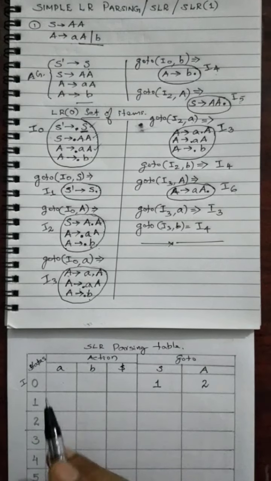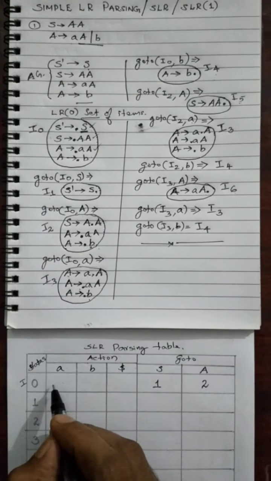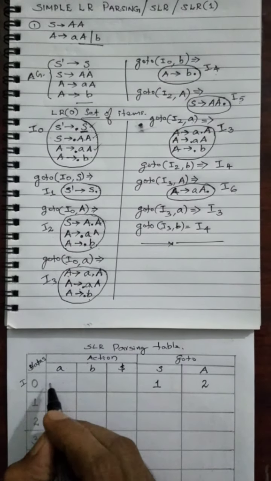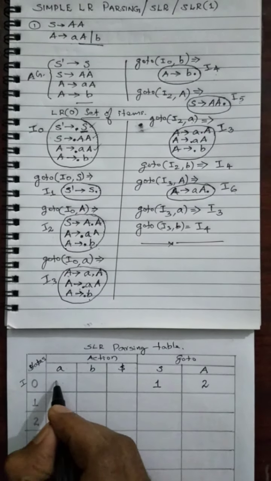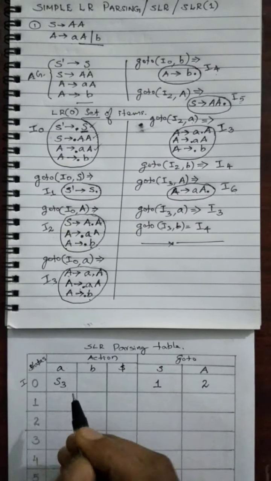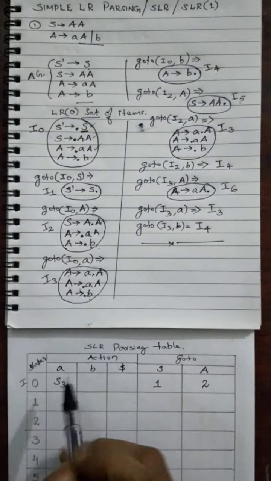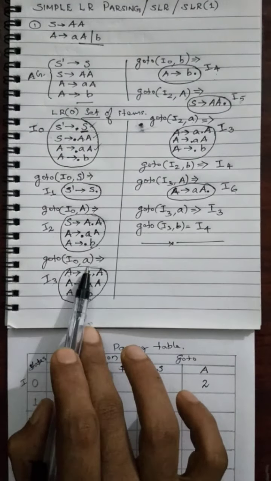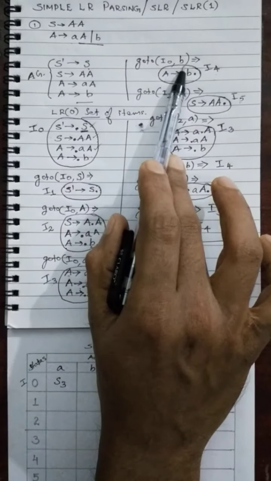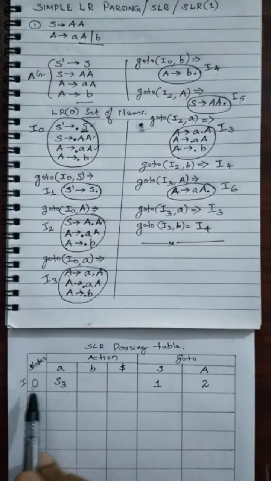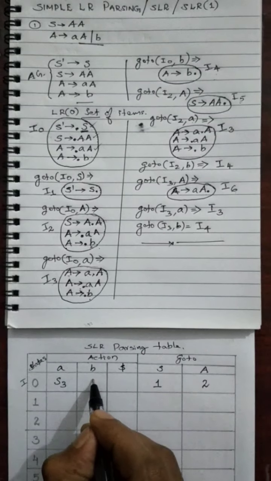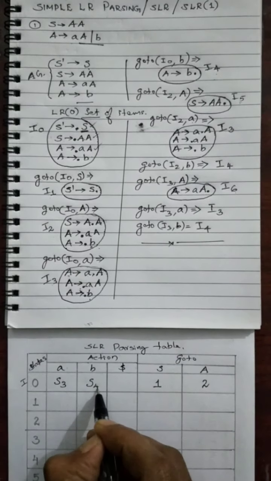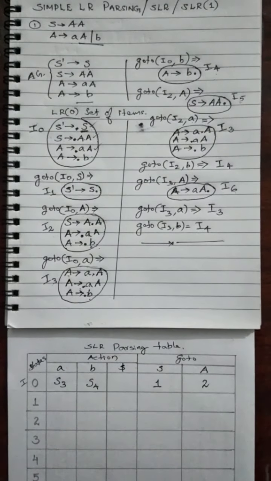So I should mention S3 instead of just mentioning 3. S indicates shift operation. Next is I0 with small b, you have I4. So I should mention S4 here.